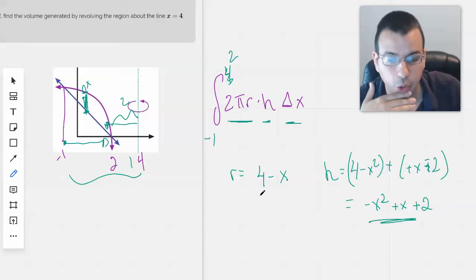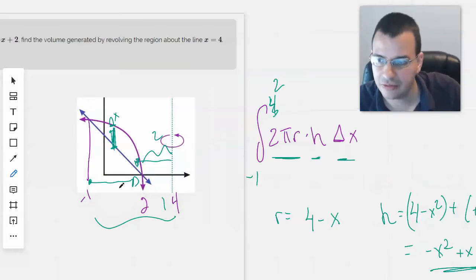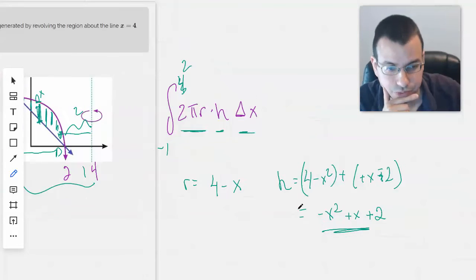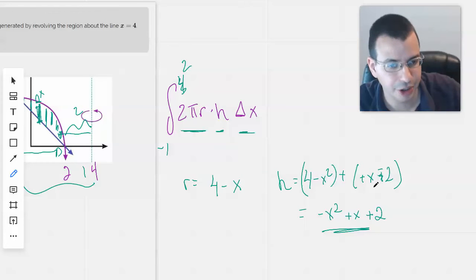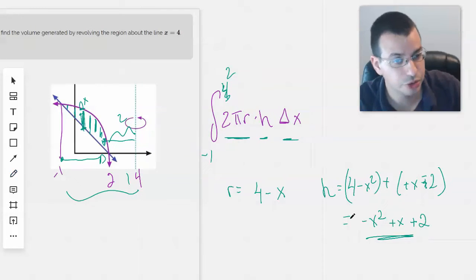So our equation for that would be 4 minus x. We then had to find the height of our shell, which is this height here. So the initial height at negative 1 should be 0. And we know that if we plug in negative 1 here, we get 0. And also the height will be 0 at 2, which we already figured out earlier.